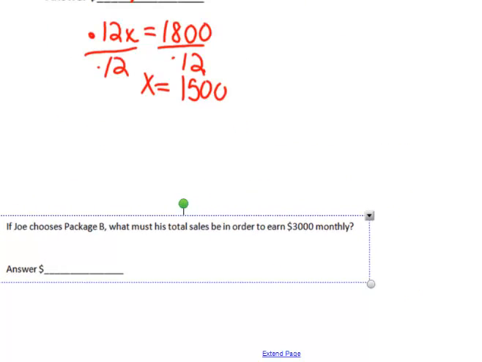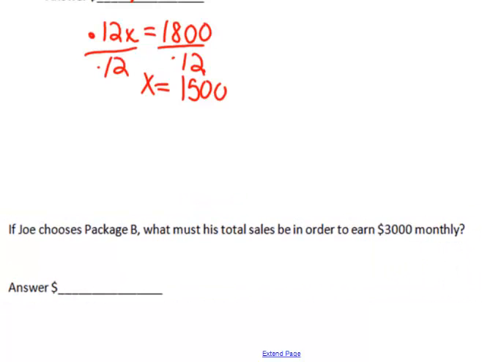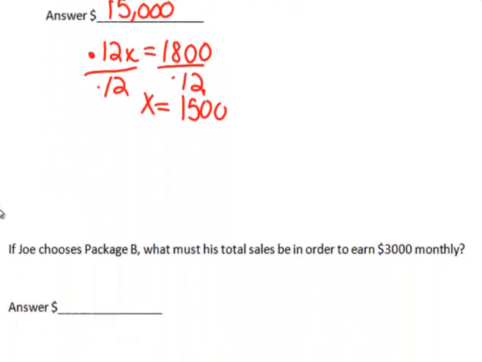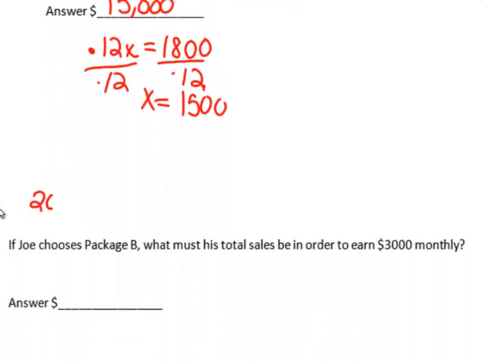Now, what if Joe chooses package B? What if he decides he wants package B? Now remember, package B says that he earns a $2,000 salary, but he only earns a 7% commission, so that's 0.07. He still wants to make the $3,000 a month. Okay?